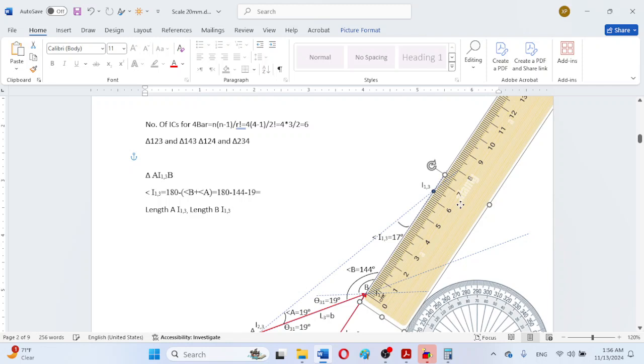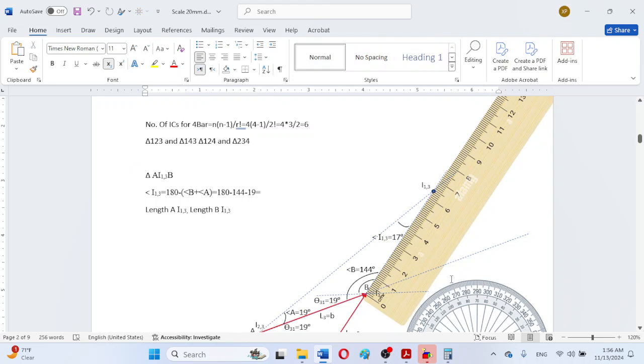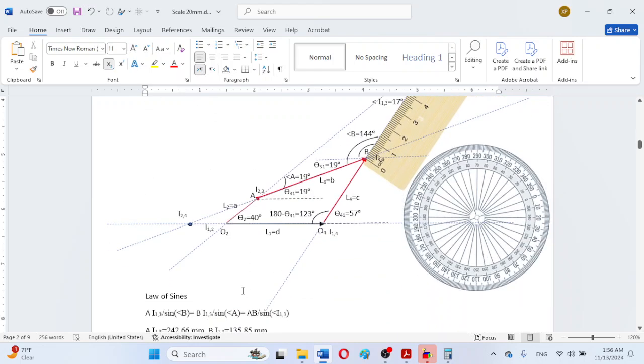Here we can observe that this is approximately 6.4, for example.